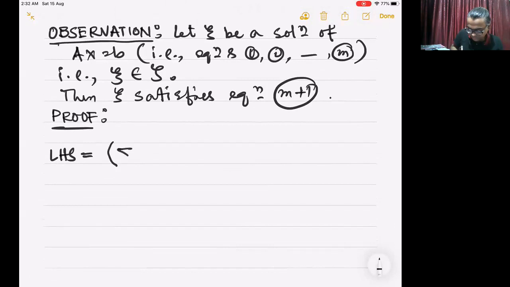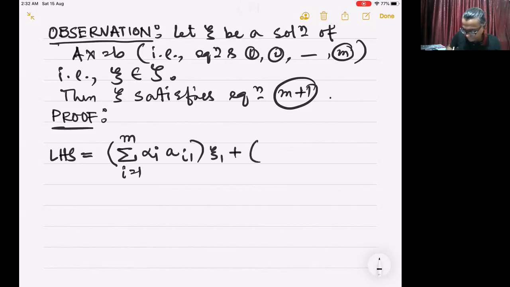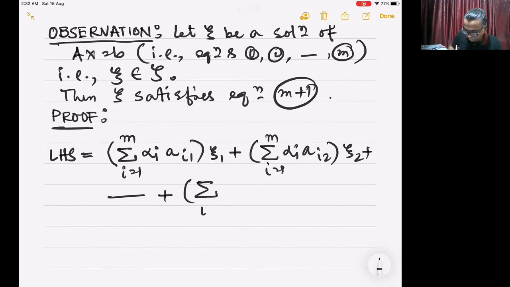Left hand side is summation i going from 1 to m alpha i a i1 xi1 plus summation i going from 1 to m alpha i a i2 xi2 plus dot dot dot plus summation i going from 1 to m alpha i a i n xi n, right?